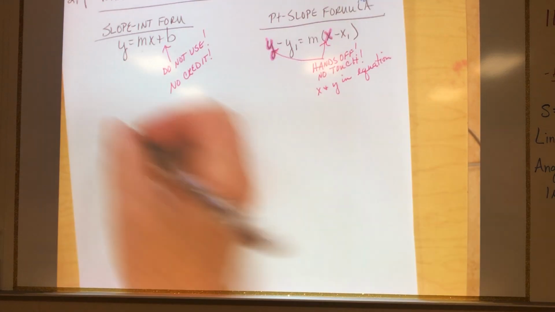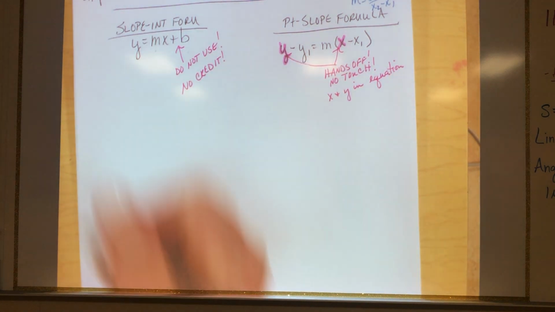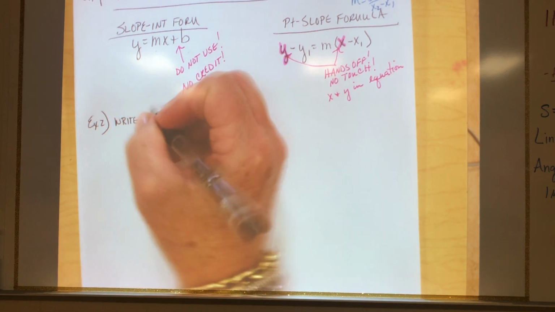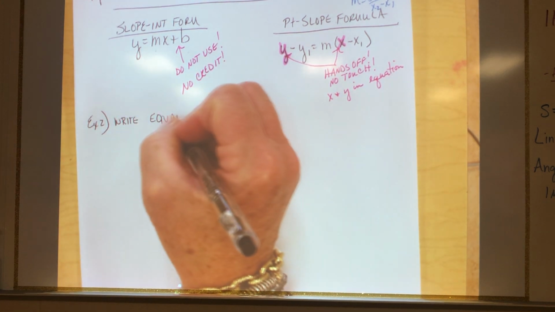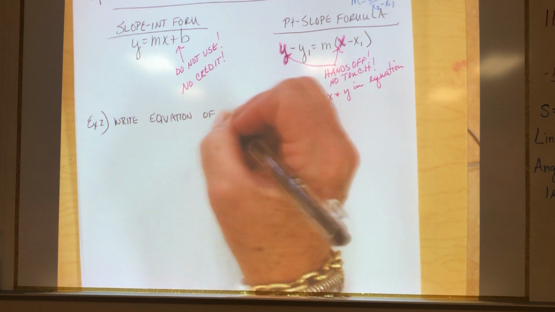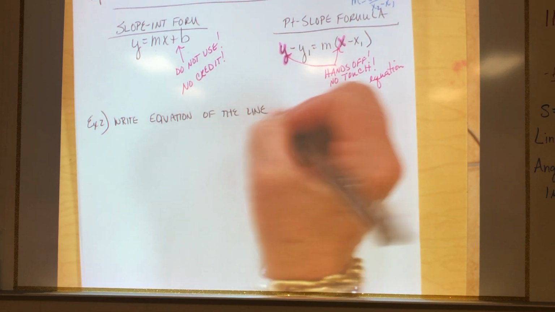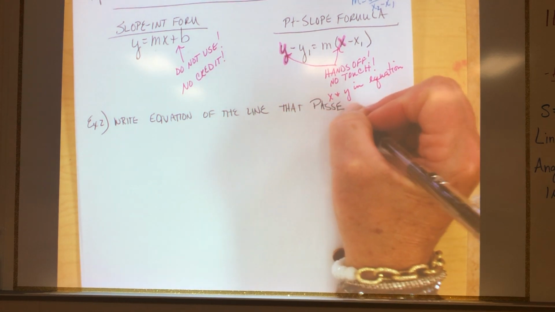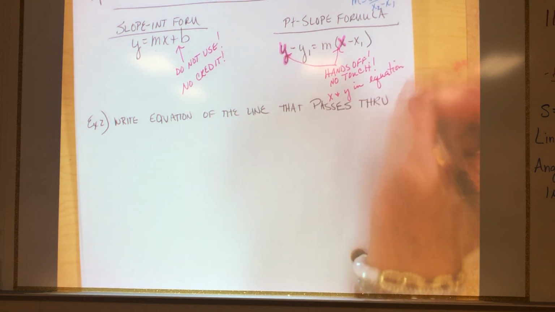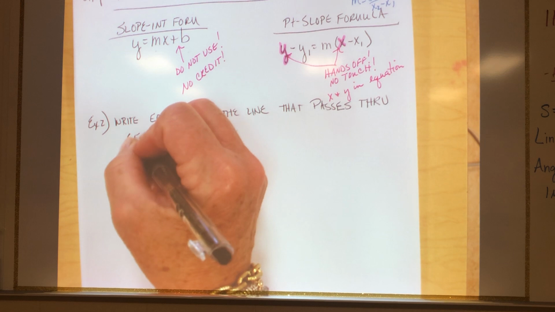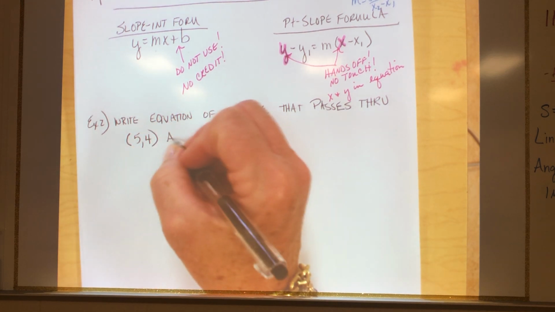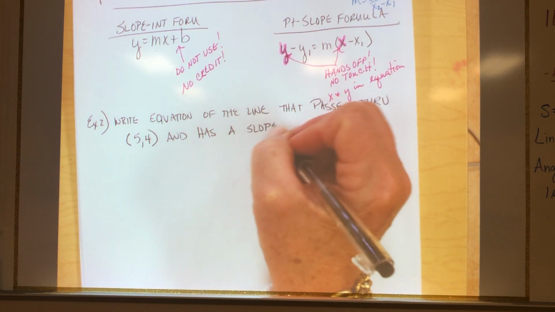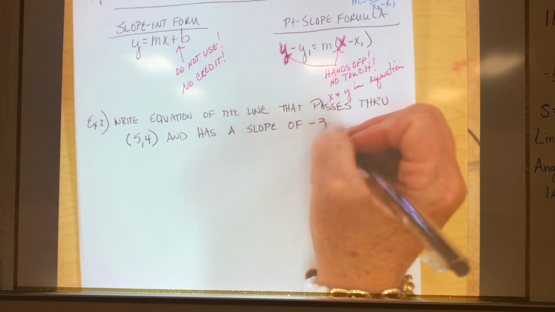Alright, are you ready? So, let's do example 2, okay? I'm skipping one, I'm going to do it in a second, okay? So, example 2 says, write the equation of the line that passes through 5, 4, and has a slope of -3.